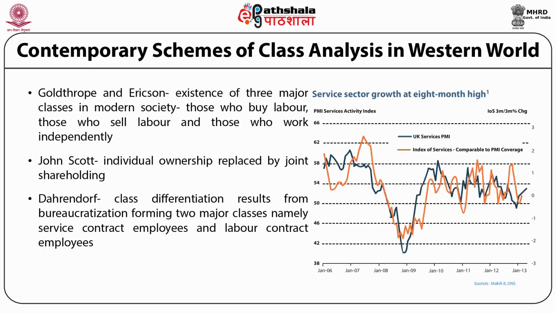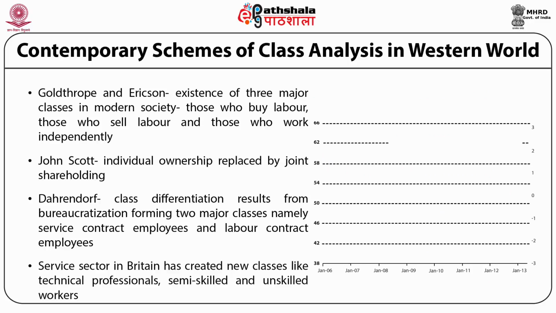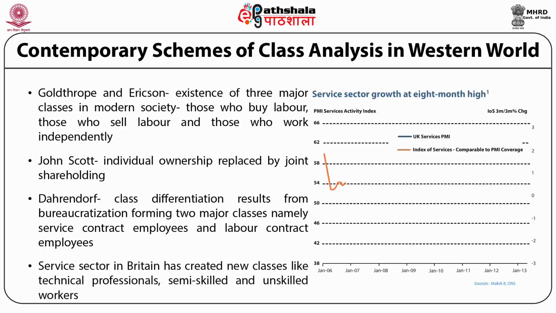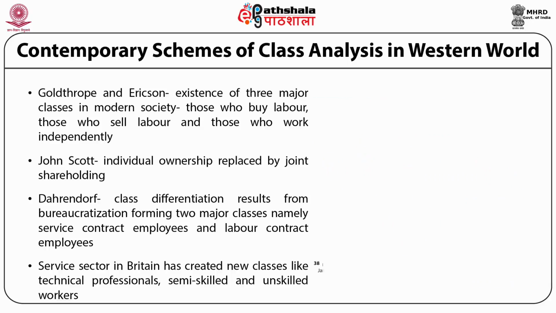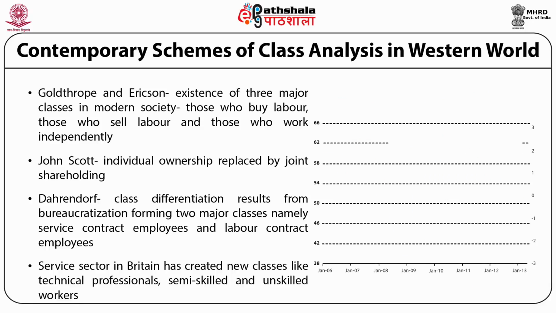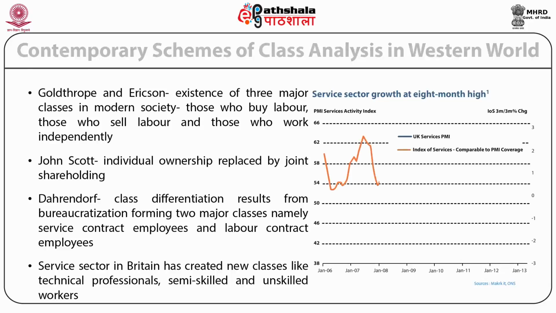To give an example, the service sector in Britain has certain new classes, and these classes are technical professionals, semi-skilled and unskilled laborers. Now, if you look at these classes closely, you would find a marked difference from the classes that existed during the Industrial Revolution.